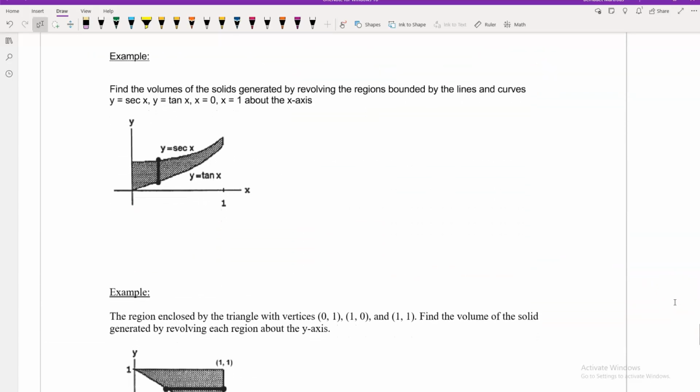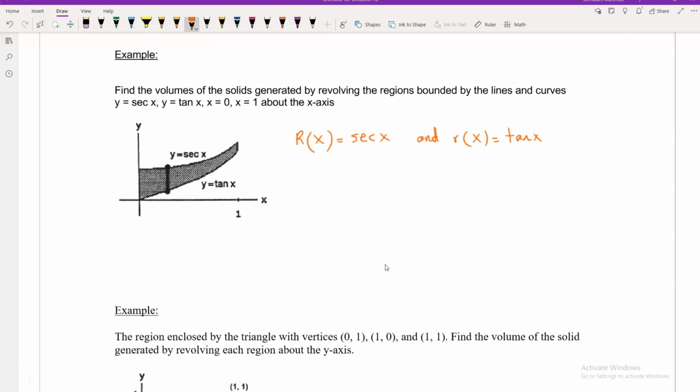Now, example: find the volumes of the solid generated by revolving the regions bounded by the lines and curves y equals secant x, y equals tangent x, x equals 0, x equals 1 about the x-axis. So this is what we have, based on y equals secant x, y equals tangent x, and x from 0 to 1.